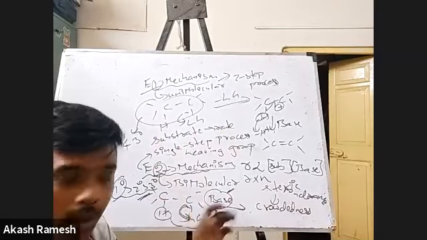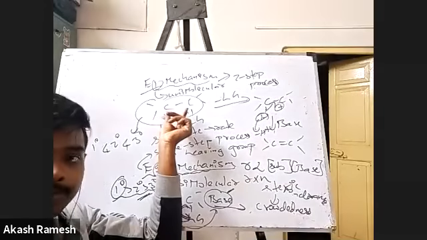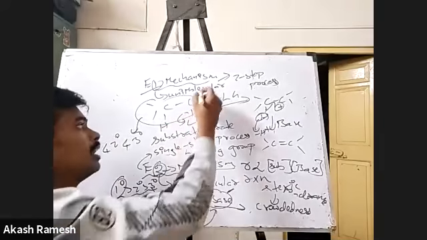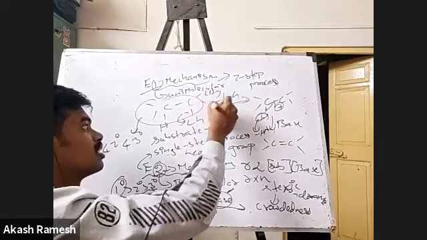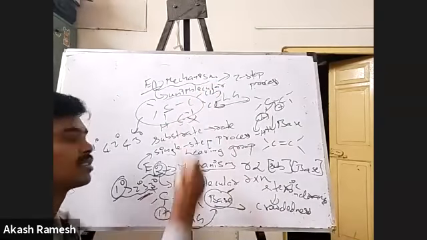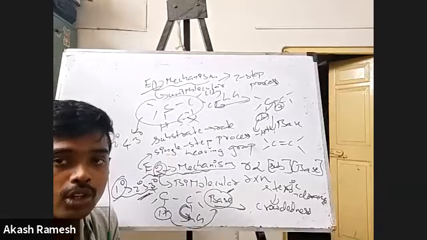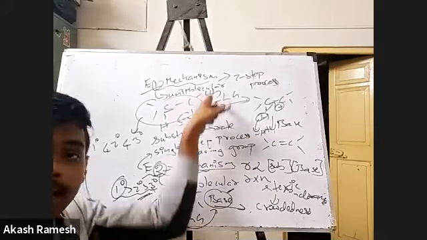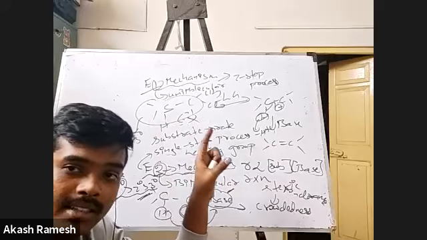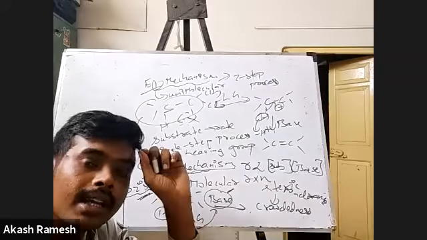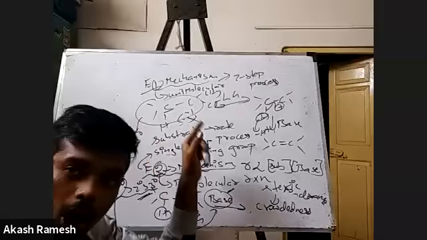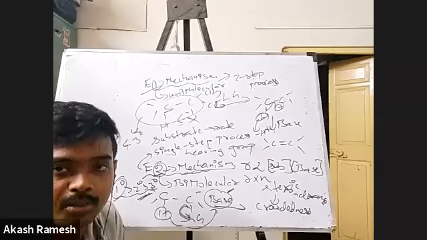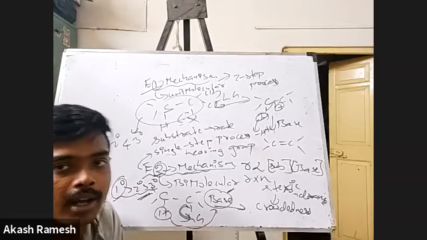So if I have a tertiary substrate, say for example CH3 groups, another carbon, and an X, a functional group, that is a tertiary alkyl group. Obviously that will undergo only E1 mechanism, because then I'm going to have the more stable carbocation, that is tertiary carbocation.